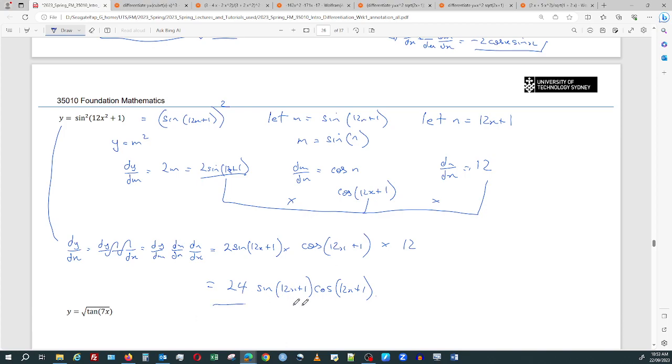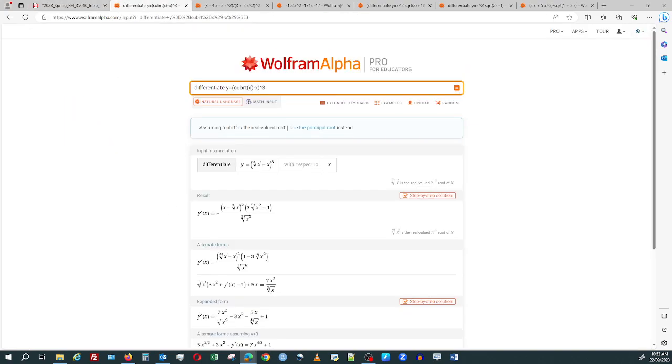That's it. So we check it with Wolfram. It'll understand this actually. It'll do it quite well.